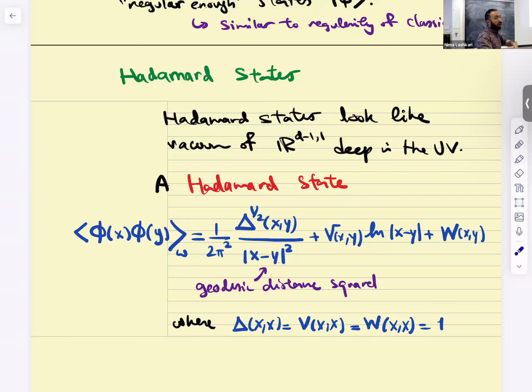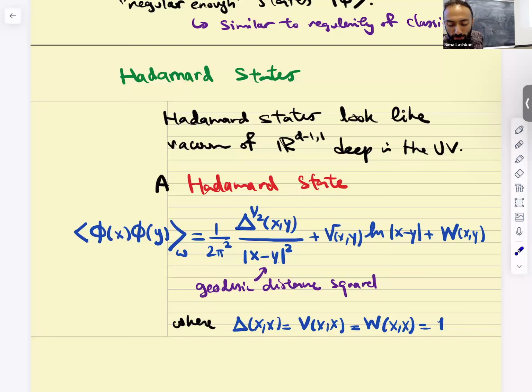It could be arbitrary space-times, it could have curvature, it could be anything. They're defined using the following property: when you look at the 2-point function of the fundamental fields in the limit of these two points approaching each other, it is given by 1 over (x minus y) squared, with a coefficient that has to be 1 over 2 pi squared. That's just the proper normalization for a Fourier transform.